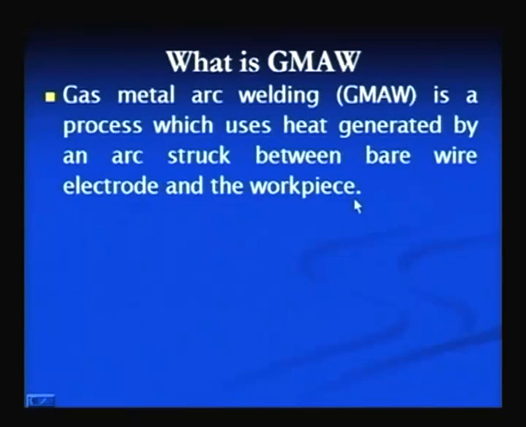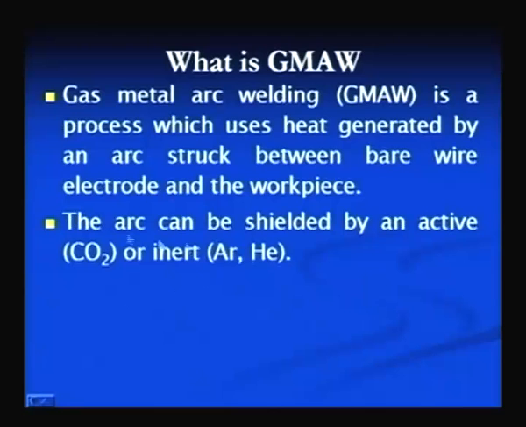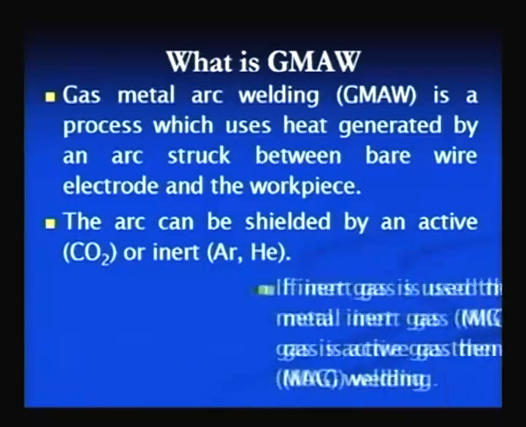Gas may be active like CO2 or a mixture of CO2, nitrogen and oxygen or helium, or gas may be inert gas. So, accordingly the arc is shielded by an active gas or inert gas to protect the filler metal and weld pool from the atmospheric contamination and produce a sound weld joint.